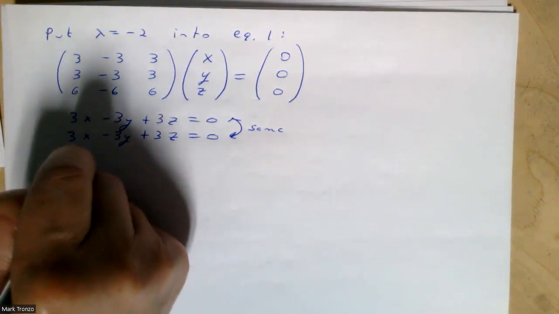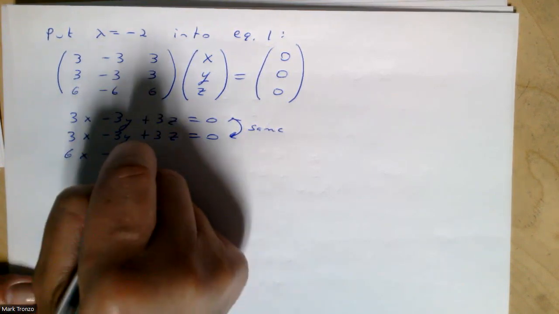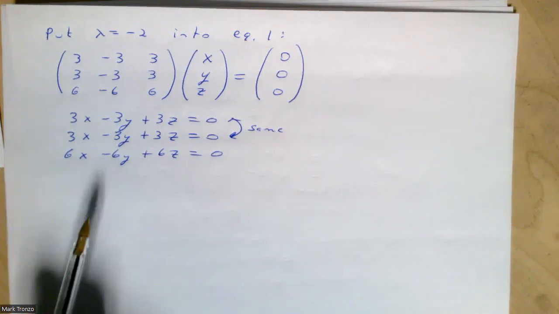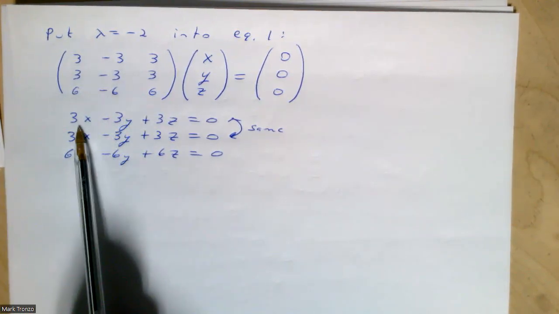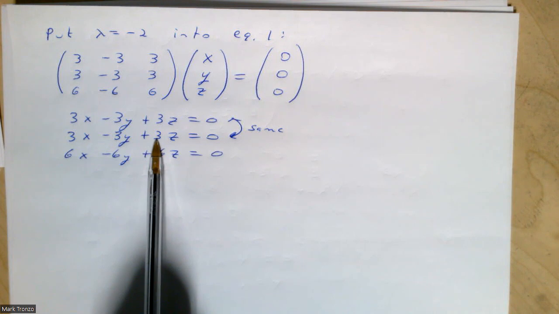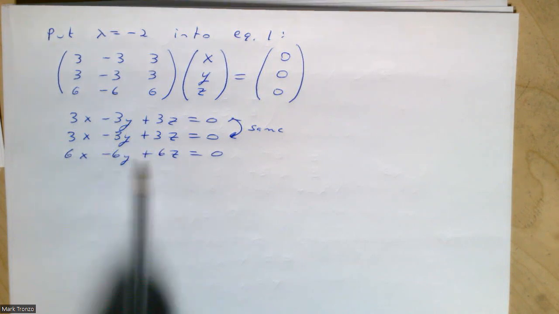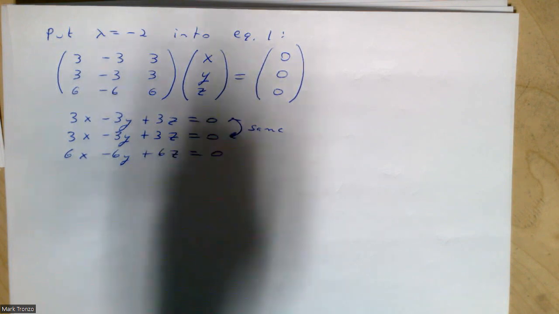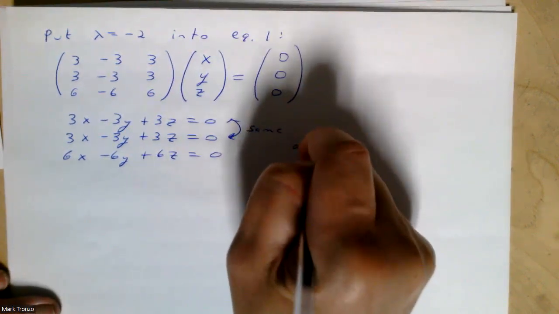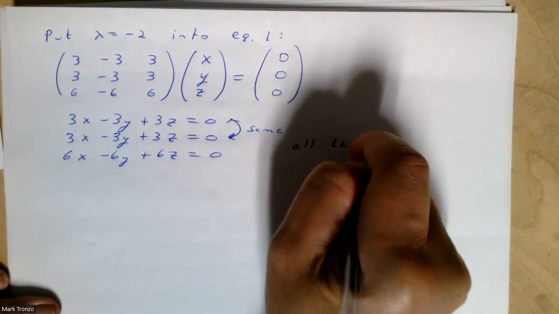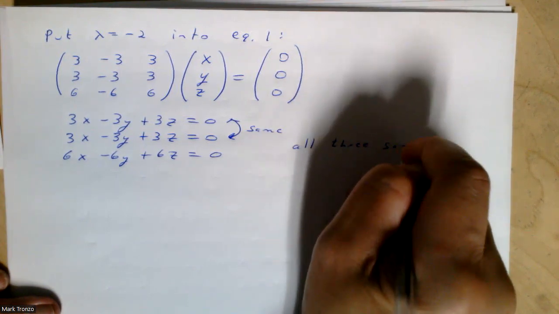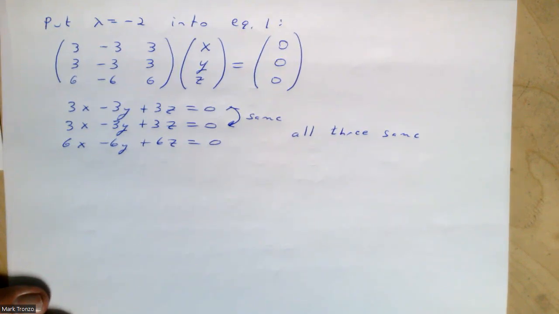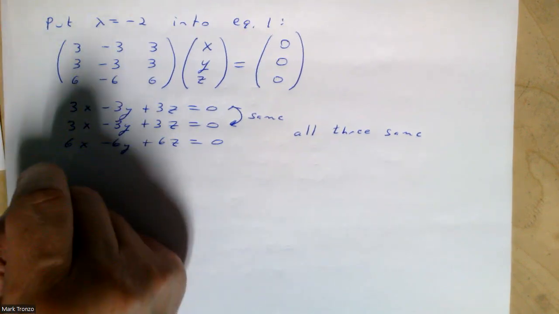And go down here, 6x minus 6y plus 6z equals 0. But now notice if you multiply this equation by 2, you'll get this equation. So these are all three the same. So we only have one equation.